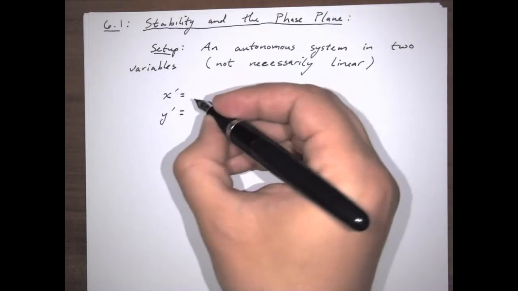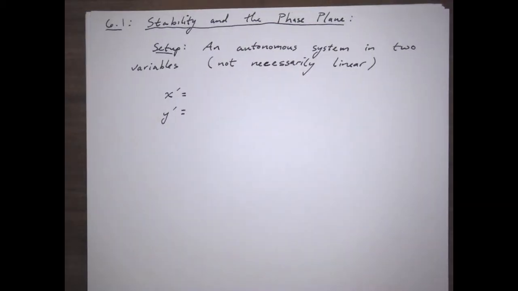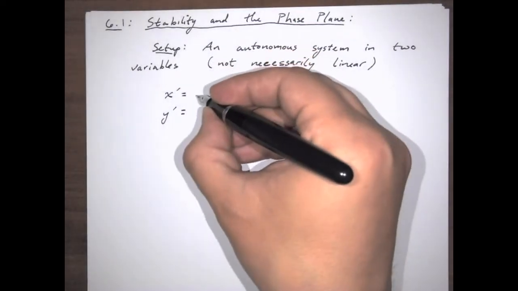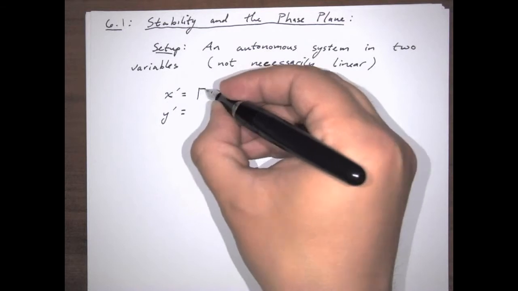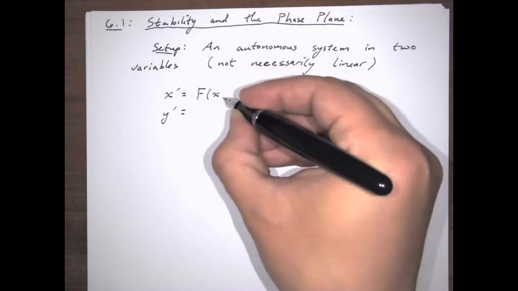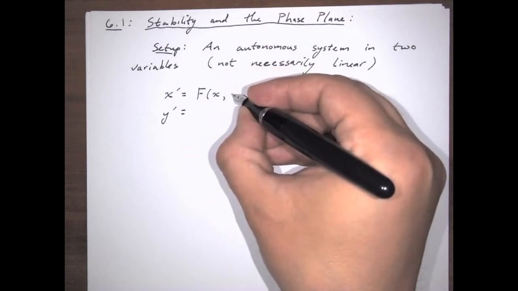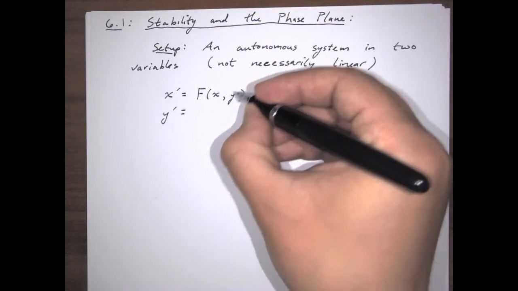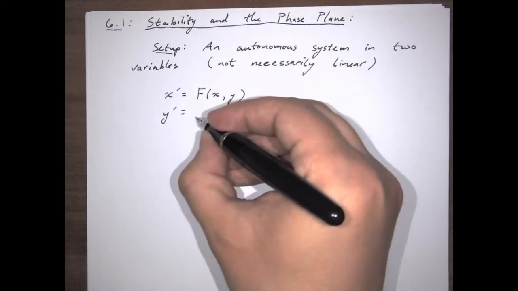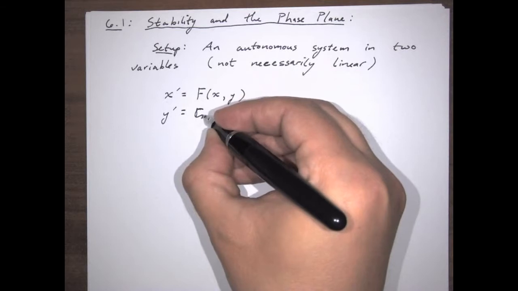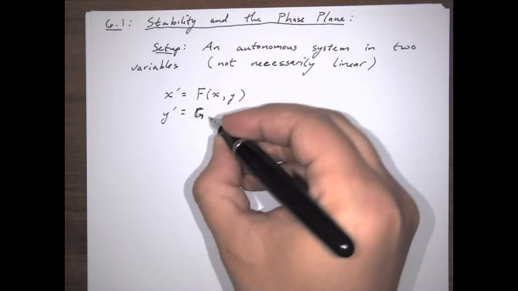Sometimes we'll use x1, x2, but often we'll just use x's and y's here. x prime will be some function of just x and y. It's autonomous, so that means it's not a function of t. But it's not necessarily linear, so this function can be of basically any kind.